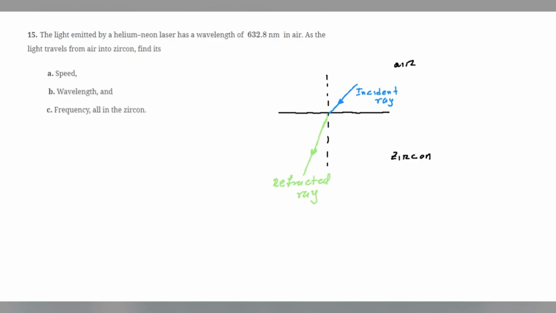So we know that the index of refraction of the air is 1.000293, and in this case we can find the index of refraction of the zircon in a table, and this index of refraction is 1.923.